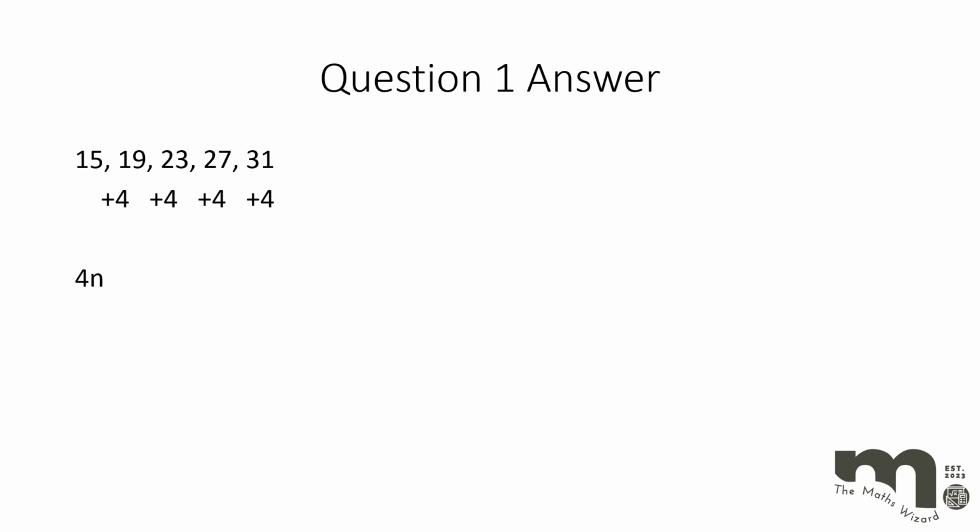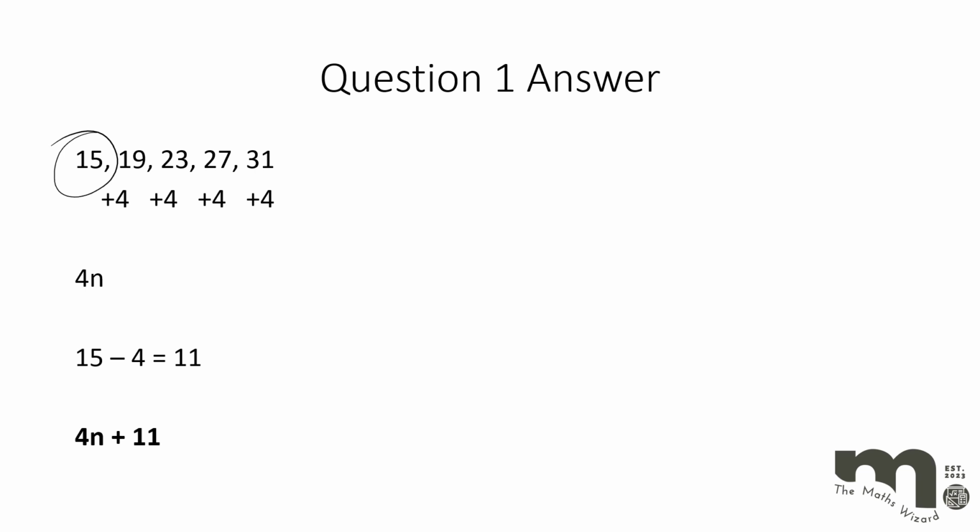Then we look at our first number, which is 15, and we take away 4 from that. We're left with 11, so 15 is 11 more than 4. What that means is the expression for this sequence will be 4n add 11.